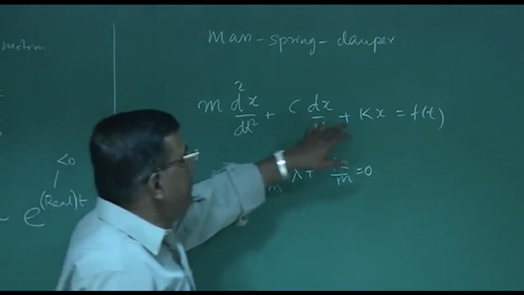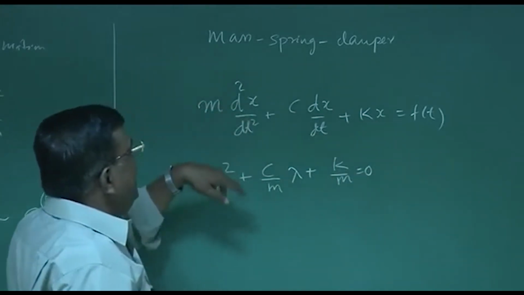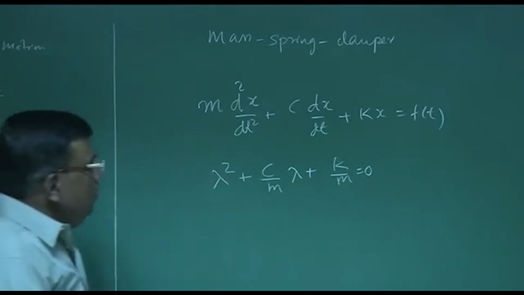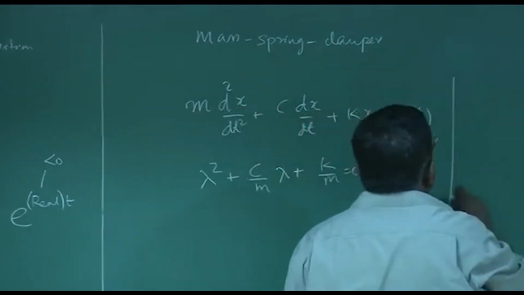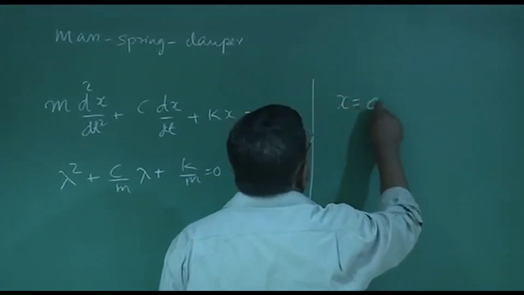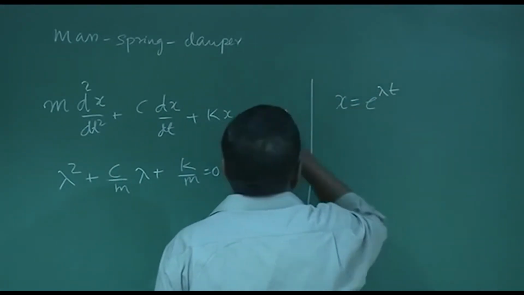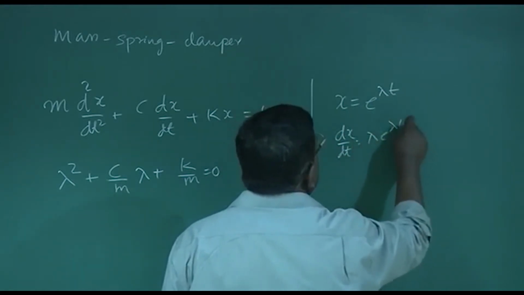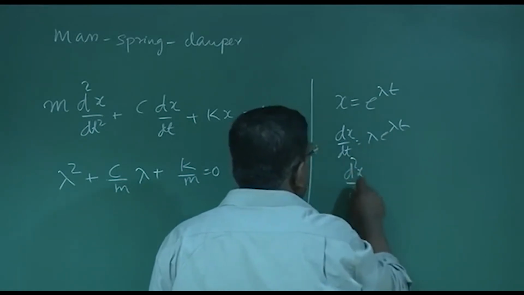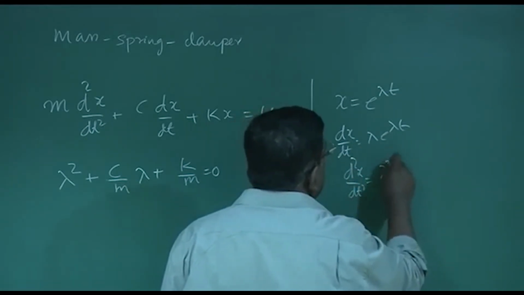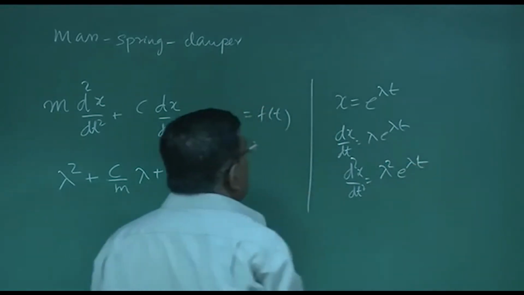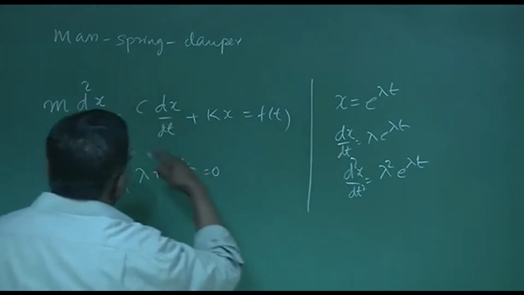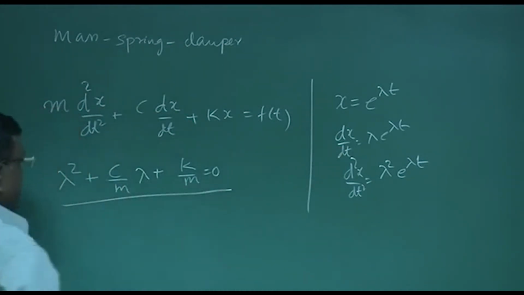I divide by m, and then for x I write e to the power lambda t and put in the derivatives. So dx by dt will be lambda e to the power lambda t, and d square x by dt square will be lambda square e to the power lambda t. You substitute these, take the common factor, and then you get the characteristic equation.